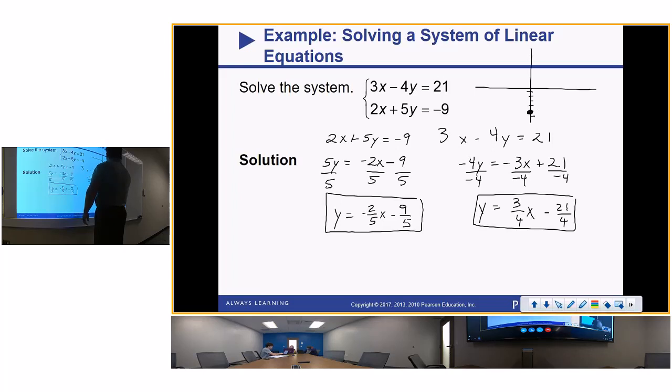And I'm going to go up 1, 2, 3 vertical, and 4 over. 1, 2, 3, 4. And you got some kind of line looking like that.